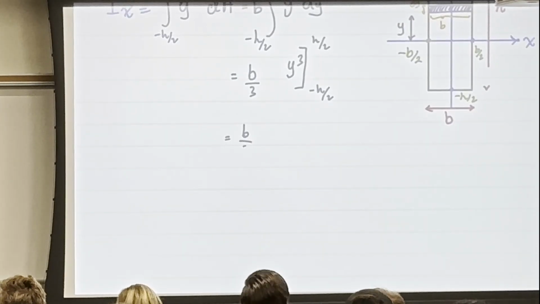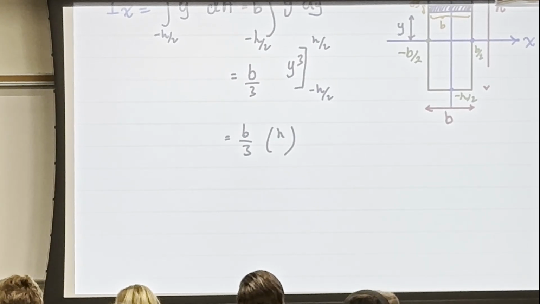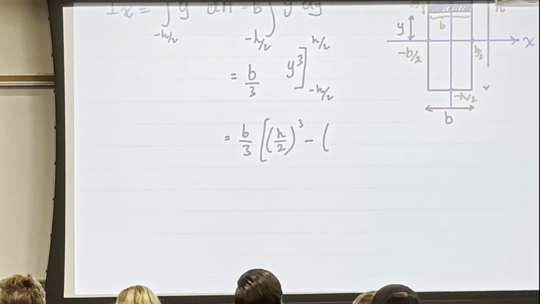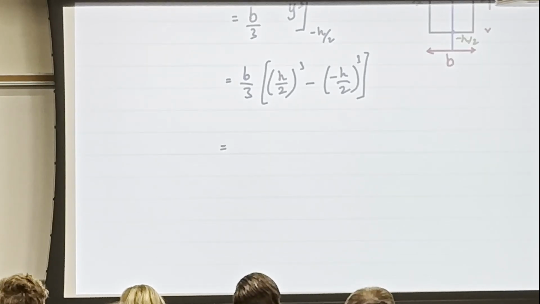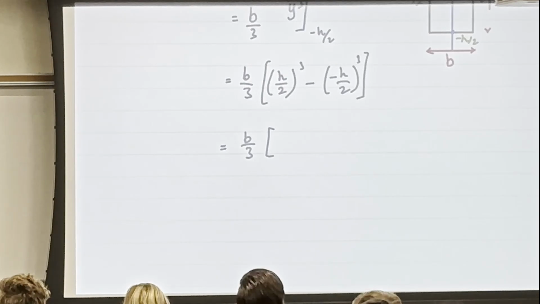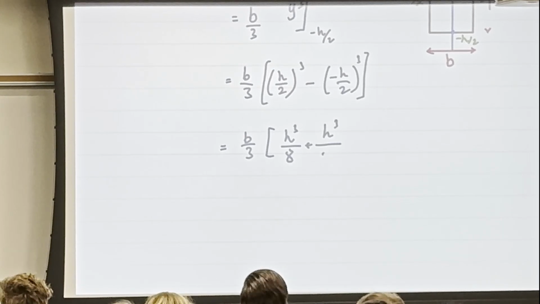Lastly, b over 3, I will have h over 2 power 3 minus negative h over 2 power 3, which you will end up with h power 3 over 8 minus minus, which is plus h power 3 over 8.